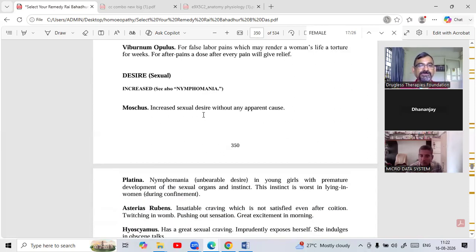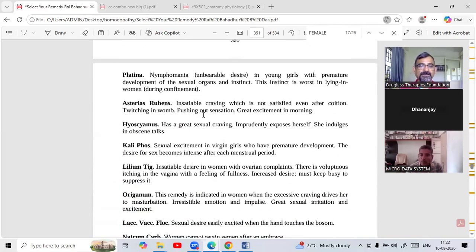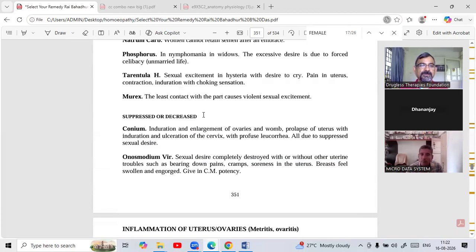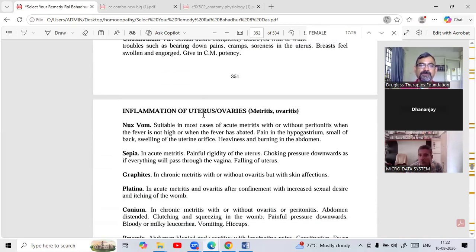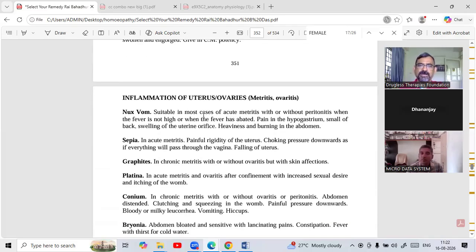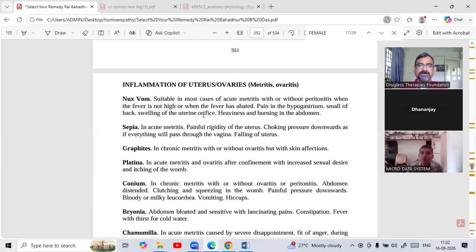You can go through many things yourself, inflammation of the ovaries. Mainly everything starts with the discharge, vaginal discharge, what they call white discharge. Based on that, you can select and go to the materia medica. It gives you the hint.